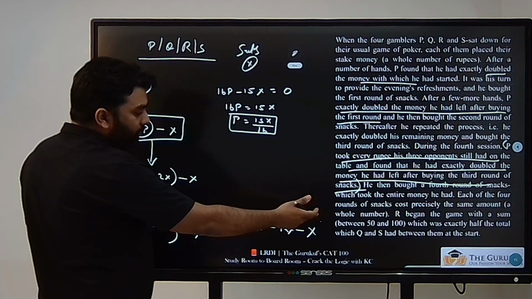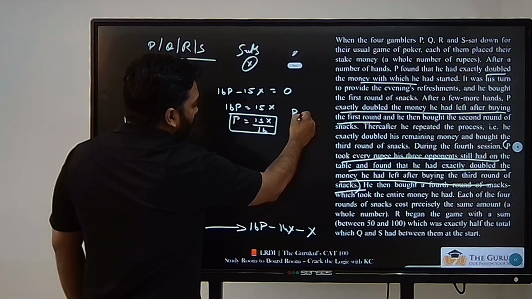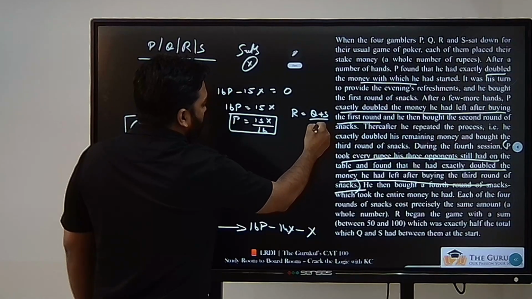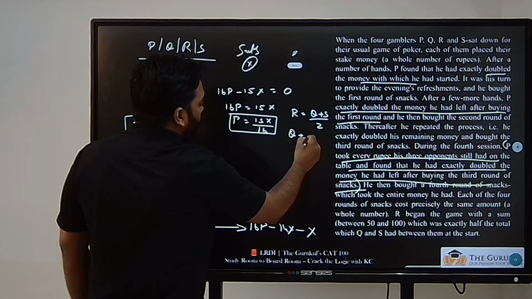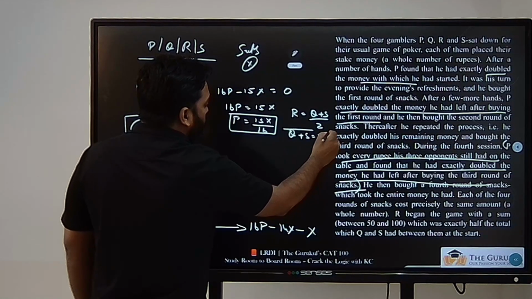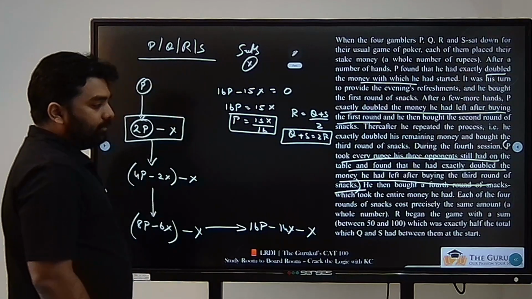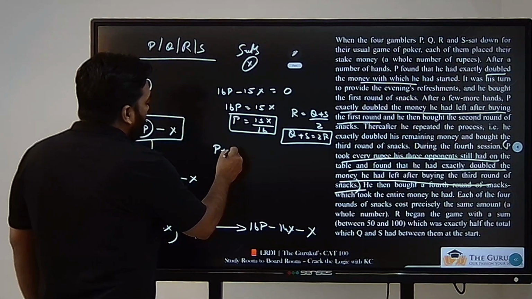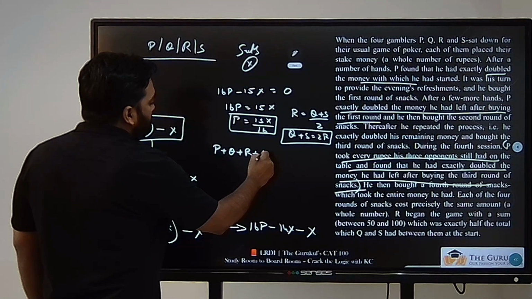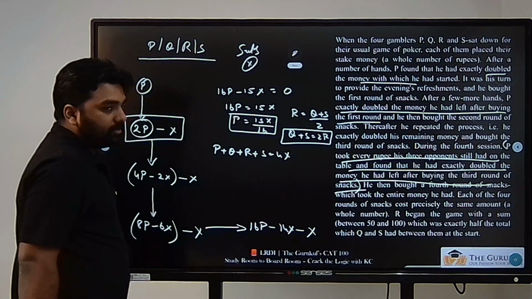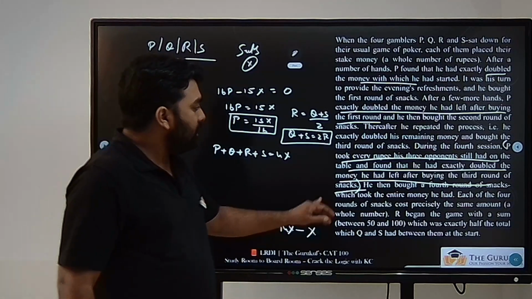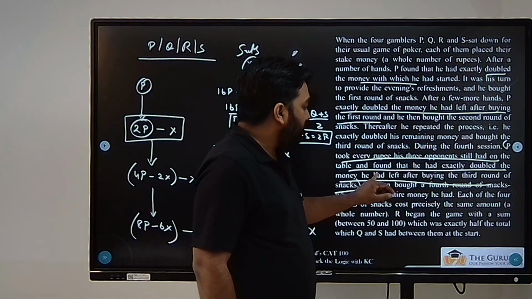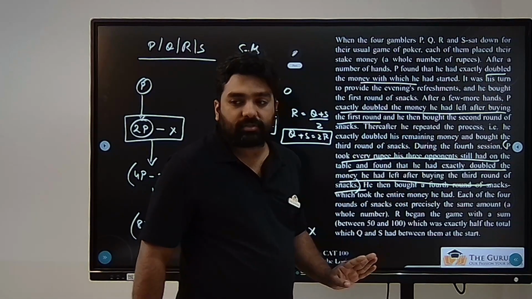And they also gave us R is equal to Q plus S by 2, which is Q plus S is equal to 2R. That is also fine. And we also know P plus Q plus R plus S is equal to 4X. Why? Because he took the amount from the other opponents and he spent everything on snacks only.